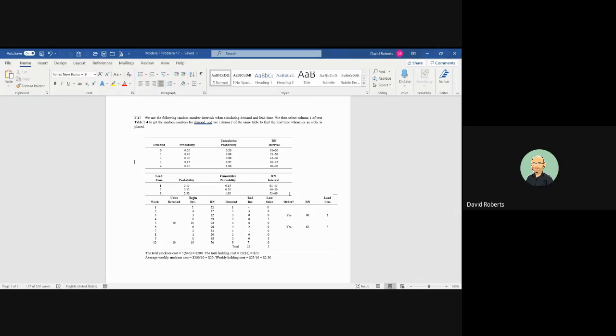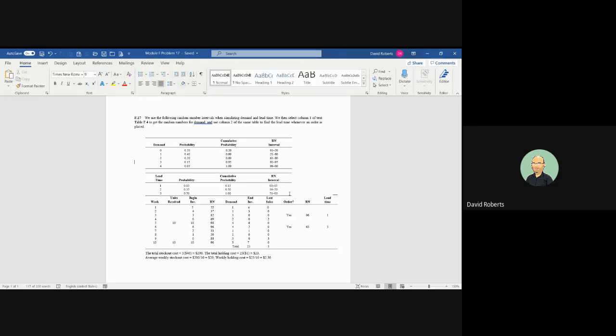Week number 3 comes along. You have 3 to begin with. The random number is 82, which just barely gets to a demand of 3 because it's in the category 81 to 95. So you have 3, you sell 3, and you have no inventory left.